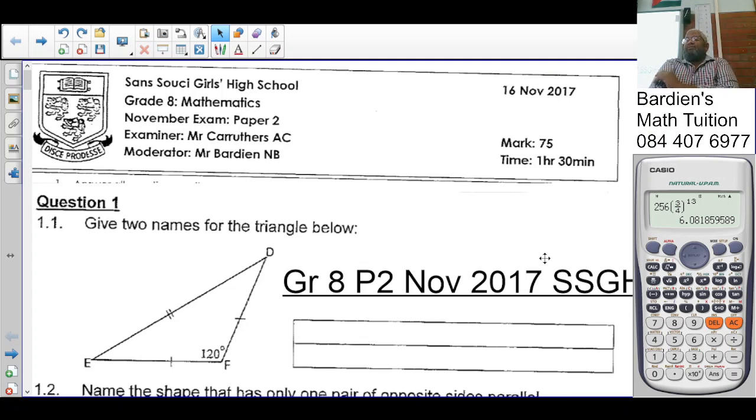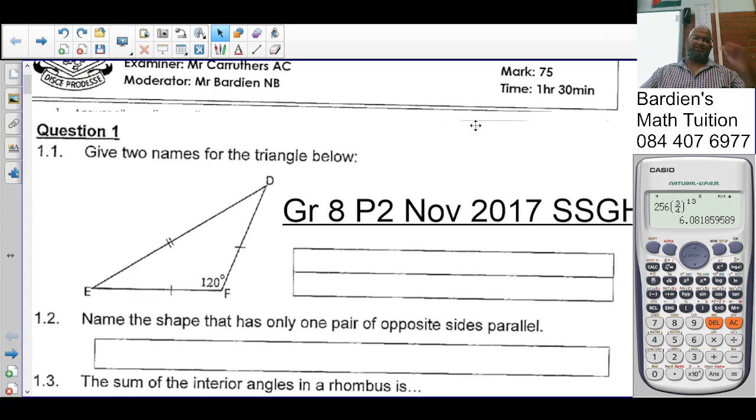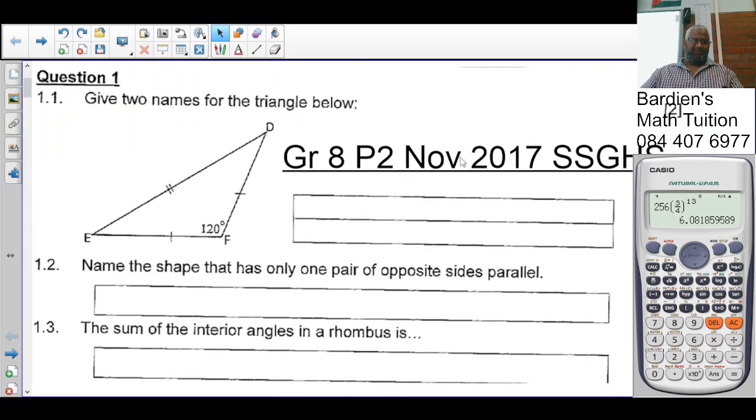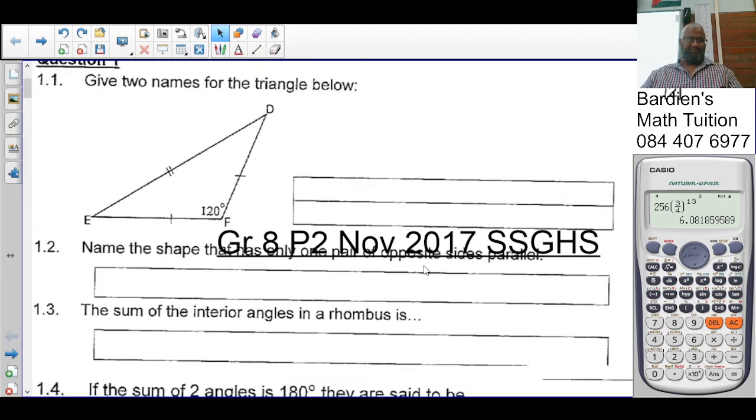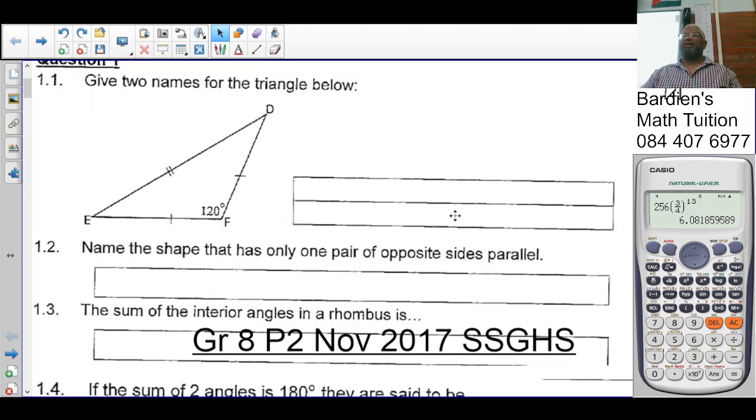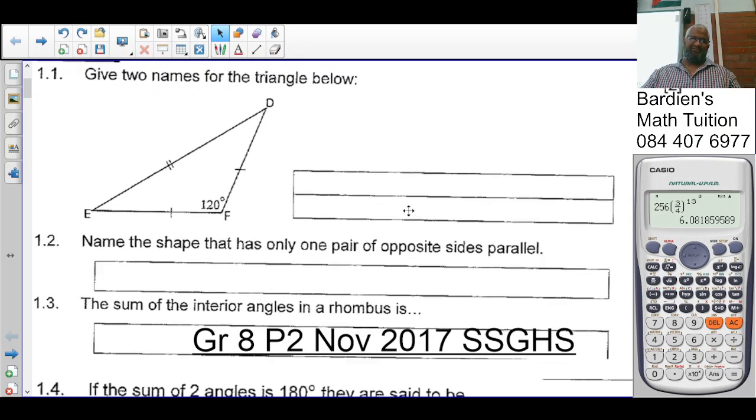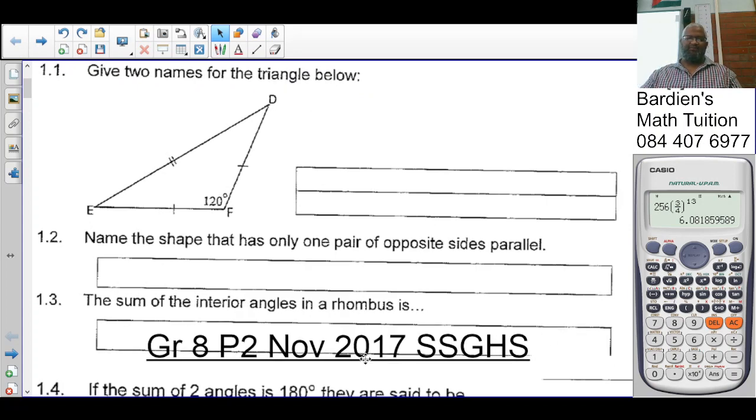So that group wrote this paper, matriculated last year. So you guys were like grade 2, 3. But anyway, here we go.